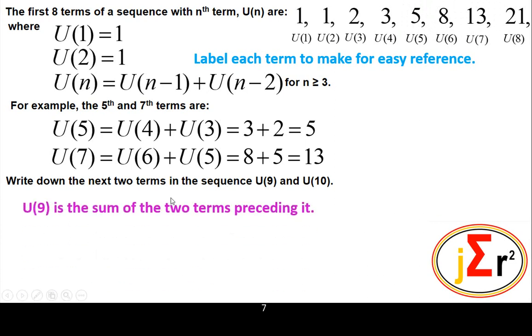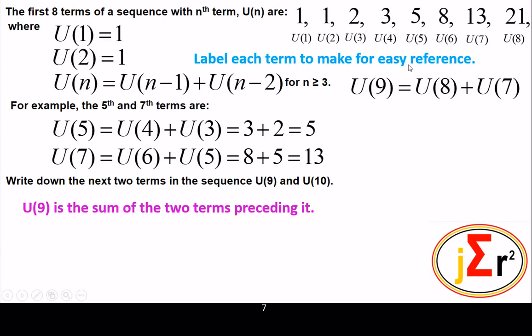So u9 is the sum of the two terms preceding it. So we have u9 is equal to u8 plus u7. And we have all of the terms up to 8 right here.